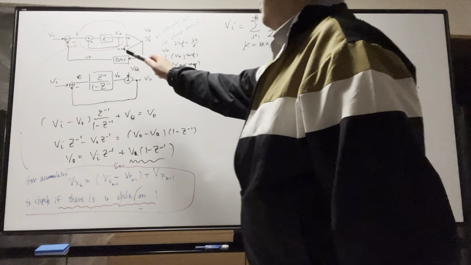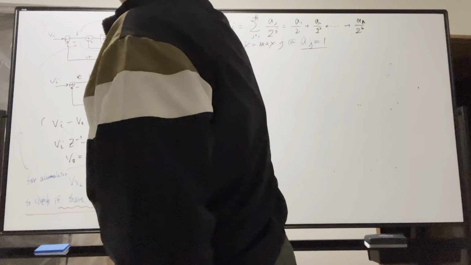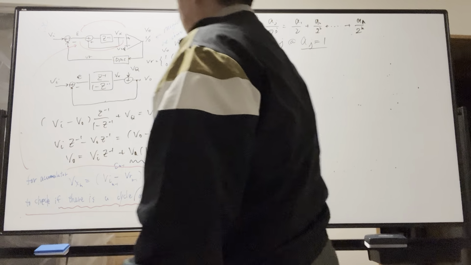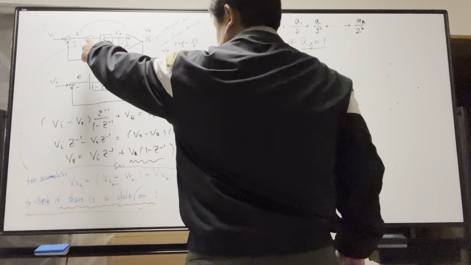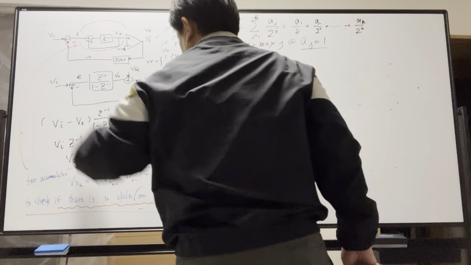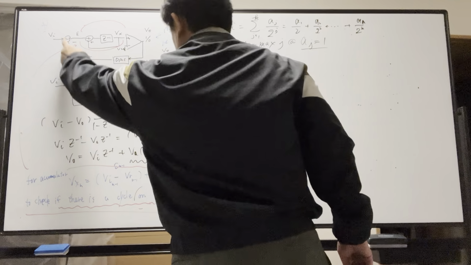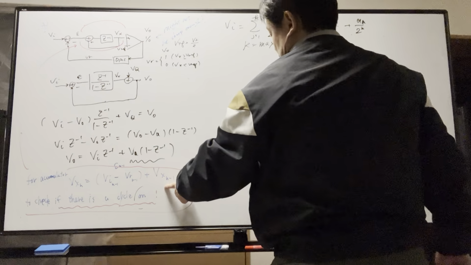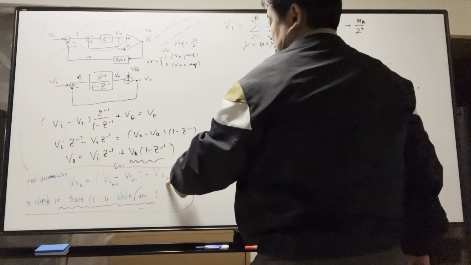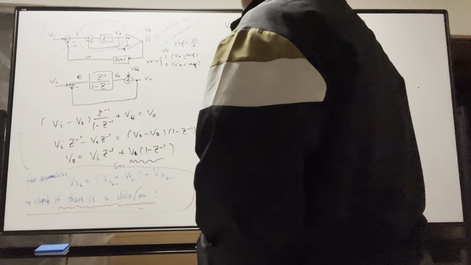For the accumulator loop, we get Vx of n equals Vi sub n minus 1 minus Vr sub n minus 1 plus Vx sub n minus 1, one step before.